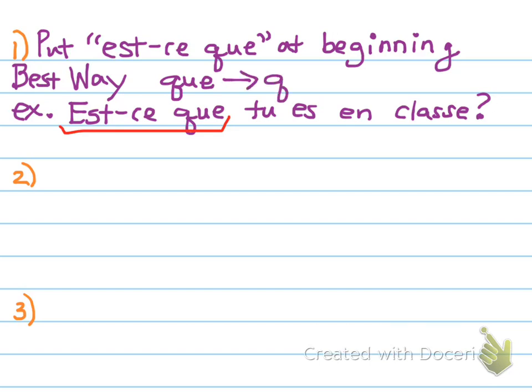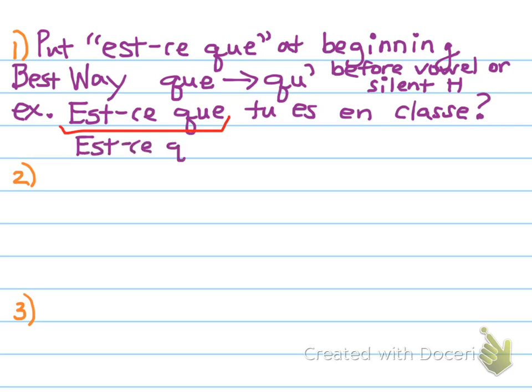The other thing that we need to know about this is that que becomes qu' before a vowel or a silent H. So if we were asking if Anne is in Paris, it'd be qu' because Anne's name starts with a vowel.